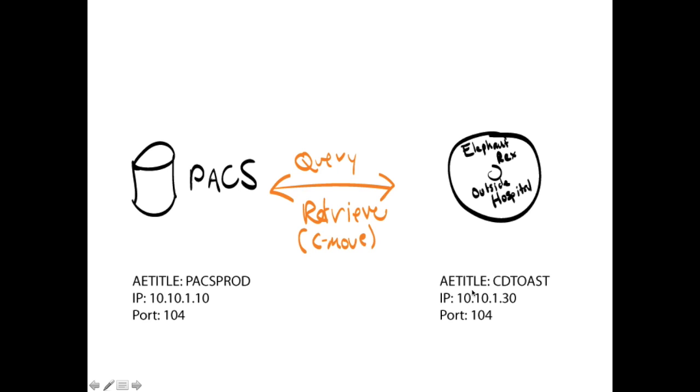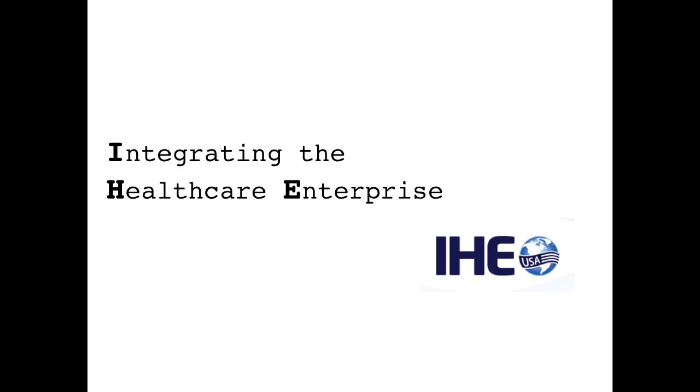Again, the query retrieve operation is governed by the AE title, port, and IP address, just like the sending operation that was performed by the ultrasound machine. This is another DICOM operation, and you can query things either at the patient level, the study level, or the series level.